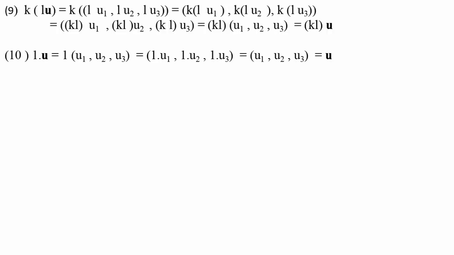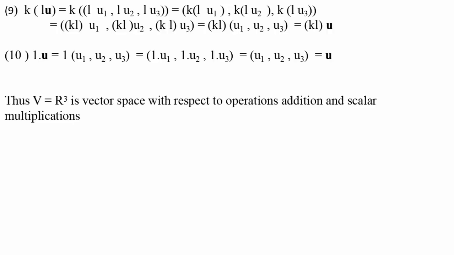That's why 1 into u1 is equal to u1, 1 into u2 equals u2, and 1 into u3 equals u3. Therefore, 1 into u becomes (u1, u2, u3), which is again nothing but u. Thus, 1 into u equals u. The axiom 10 is also satisfied.